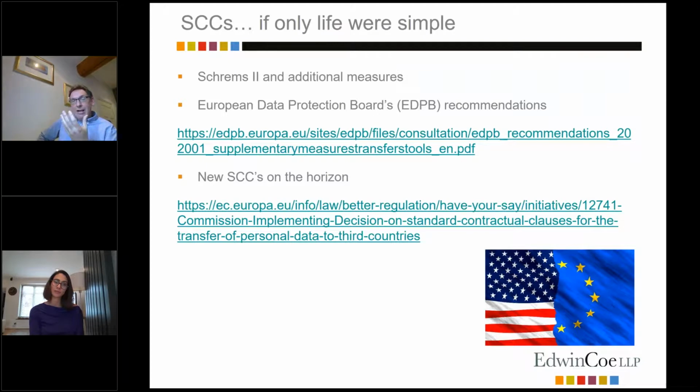So essentially, standard contractual clauses may not be enough by themselves to guarantee an adequate level of protection. You may have to do something else in addition to supplement or add to that protection that the standard contractual clauses are giving you.